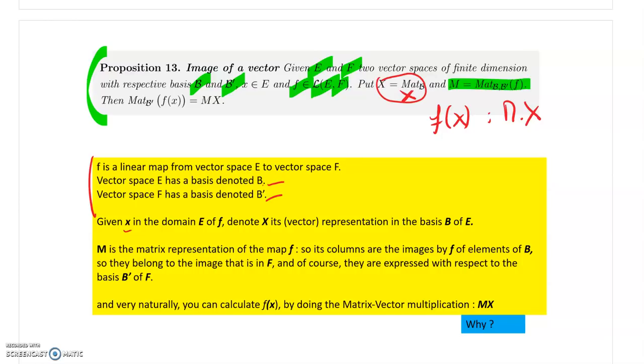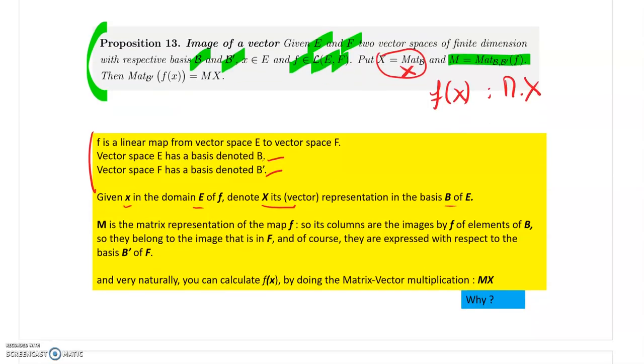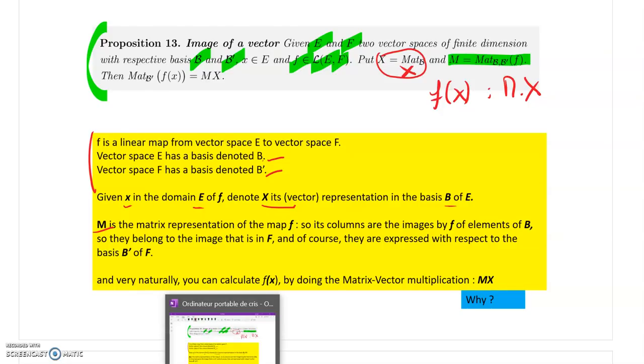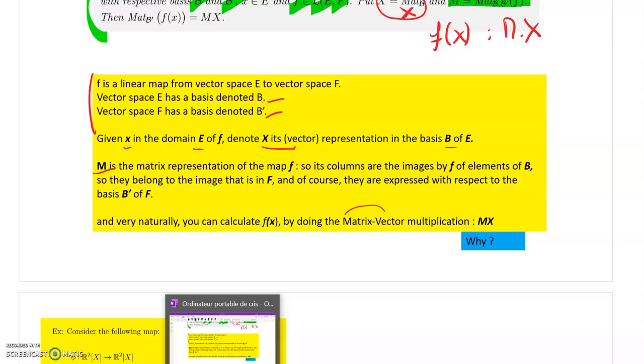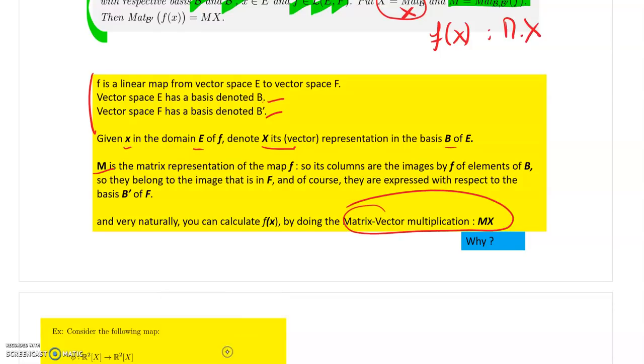We have small x in E, which has a vector representation big X in the basis B. M is the matrix representation of the map, and very naturally you can calculate the matrix vector multiplication. If you write all the details of this matrix vector multiplication, it will correspond exactly to what we're looking for.